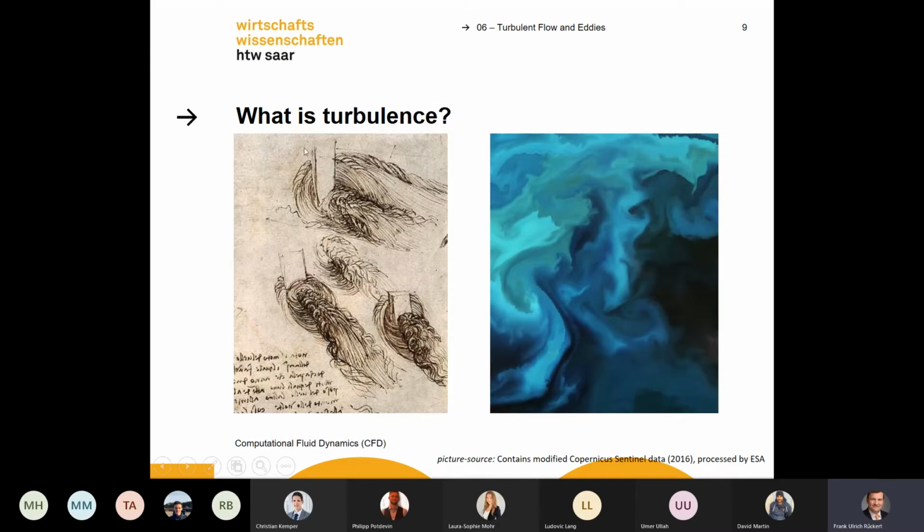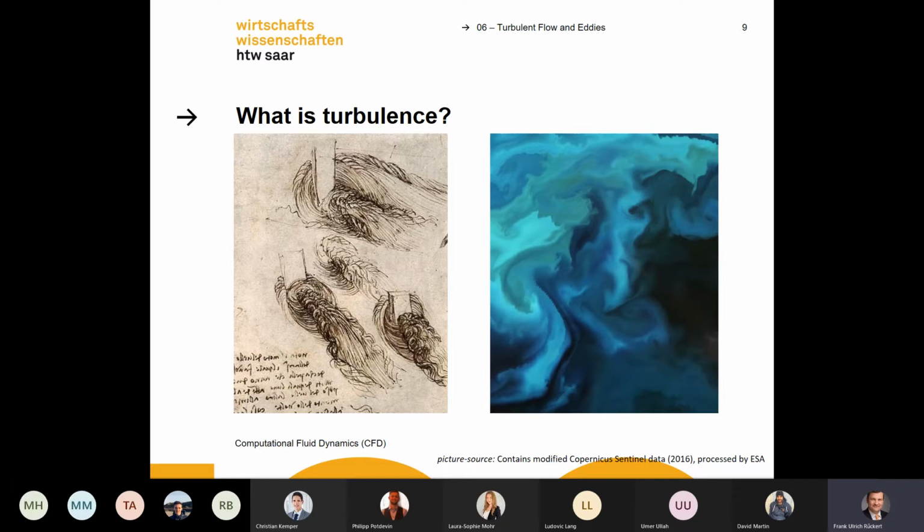On the left side, we have a sketch made by Leonardo da Vinci. He was a really famous scientist, and he did a lot of research in turbulent flow, and in many different kinds of sciences.